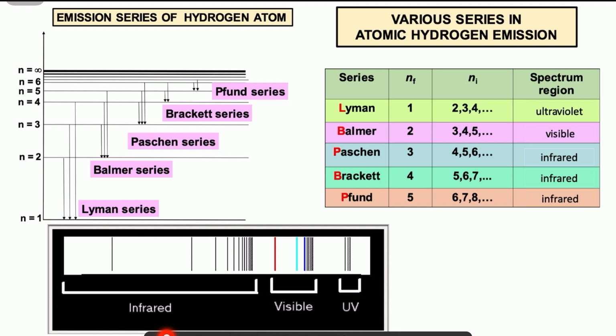The difference is the final energy level the electron drops to. If the electron falls back to the lower energy level equal to 5, what series is formed? It is the Pfund series.